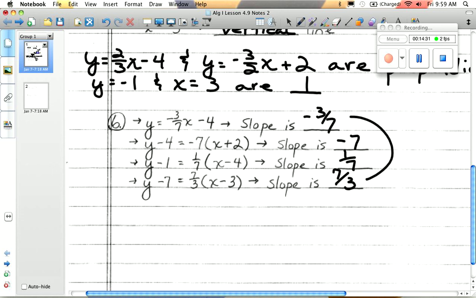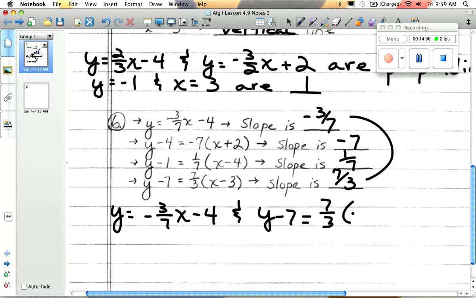I'm not going to make you do the multiplying. I just want you to process through your head: the reciprocal of -3/7 is -7/3, the opposite of -7/3 is positive 7/3. So I think we can say that the line with slope -3/7 and the line with slope 7/3 are perpendicular.